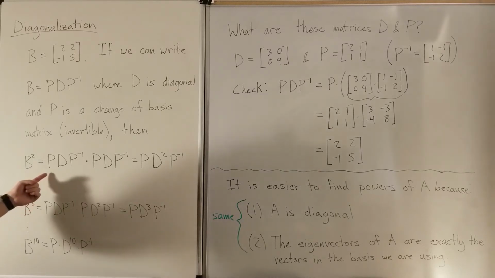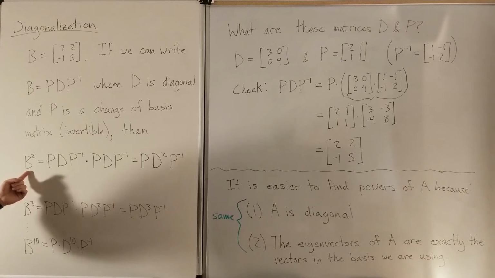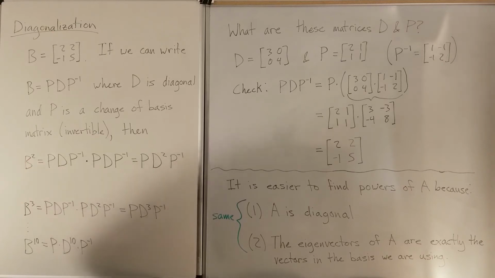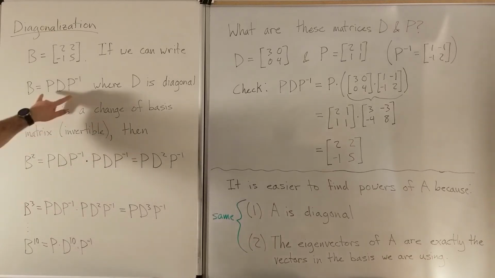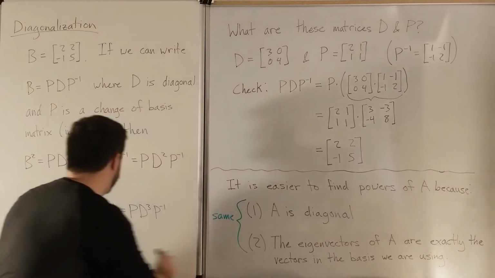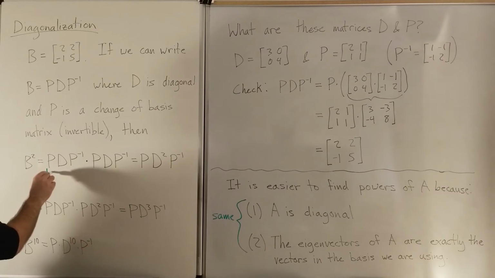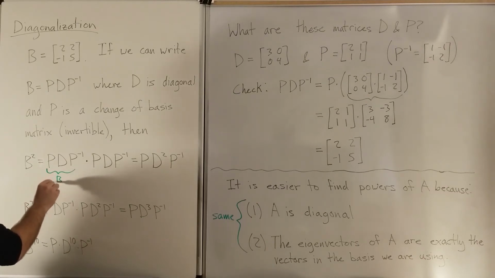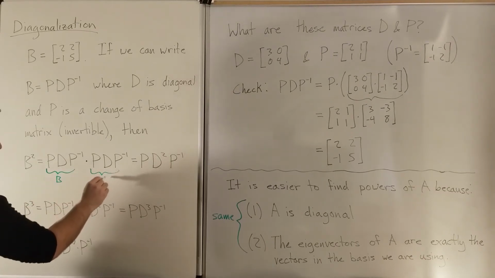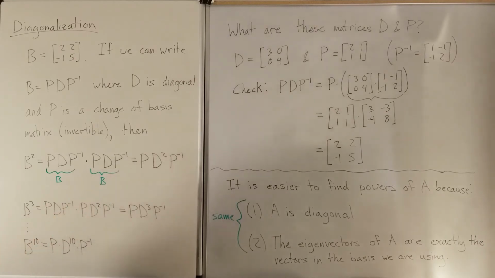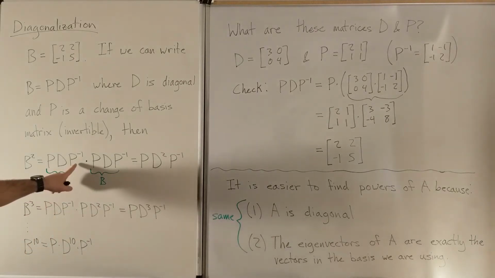So when we take this and we raise B to a power, we can think about multiplying B by itself. So we have B times B. So this is B, and this is another B. And when we multiply B times B, something nice happens.